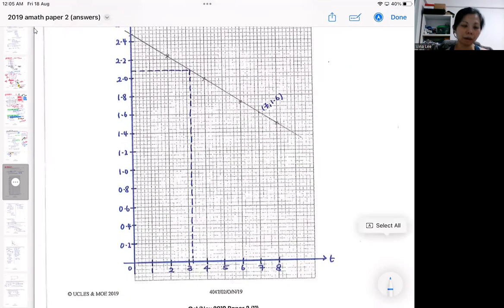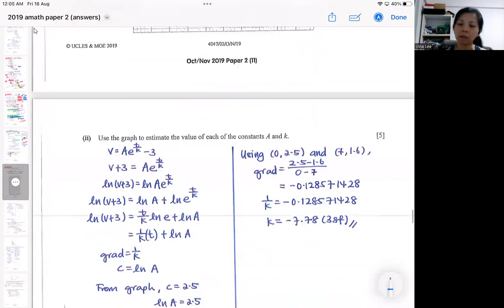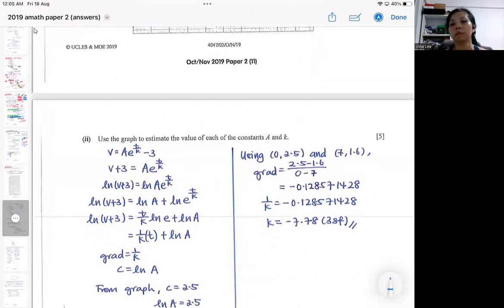Okay, so the second part, your job is to use the graph to estimate. Some students will be asking me, how do I use the graph? If you would like to use the graph to estimate the value, you will need to linearize the equation.